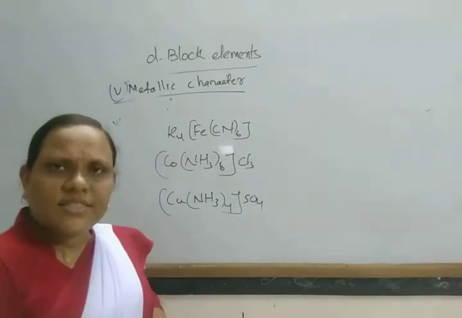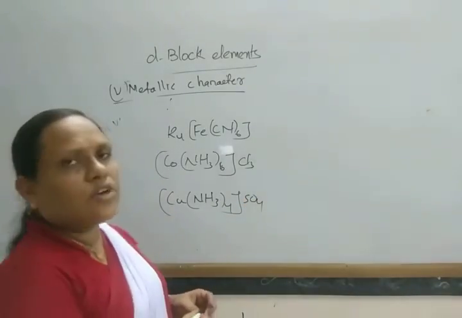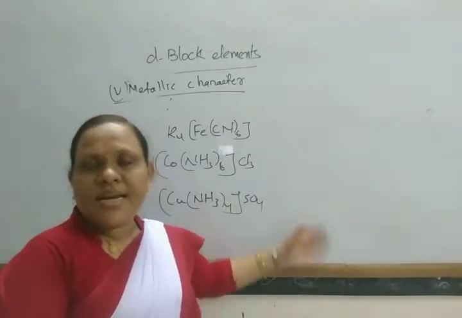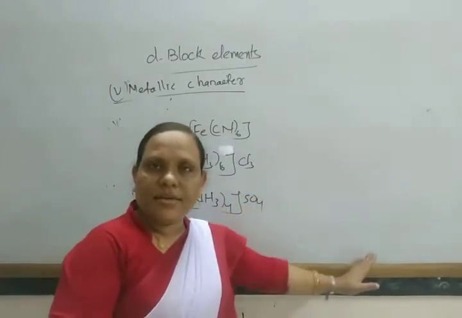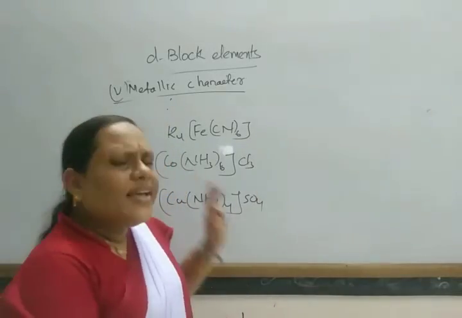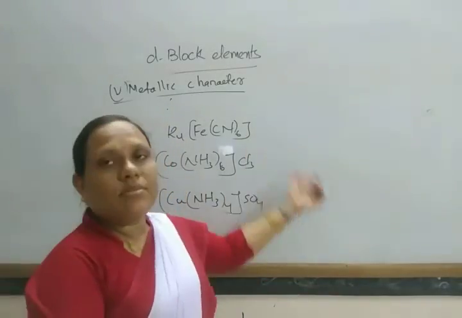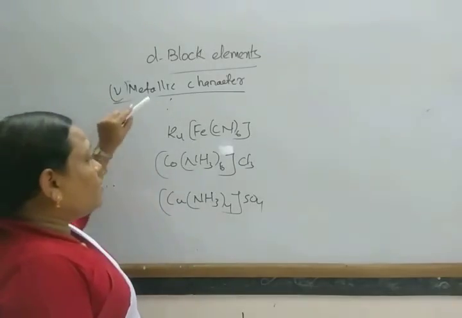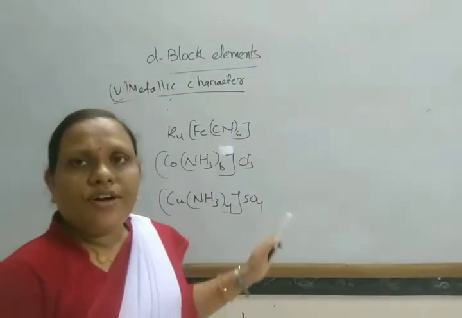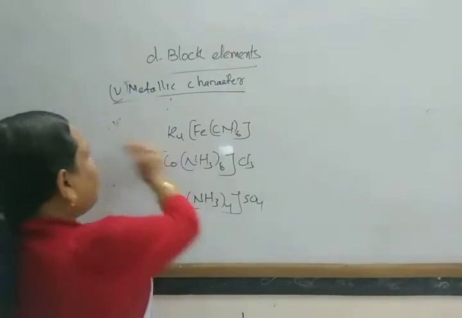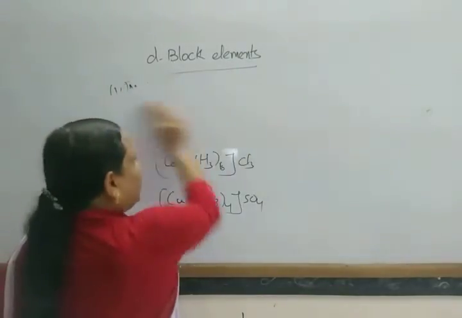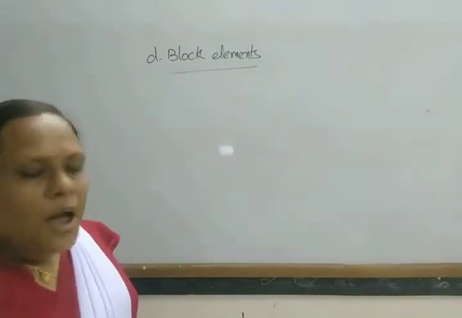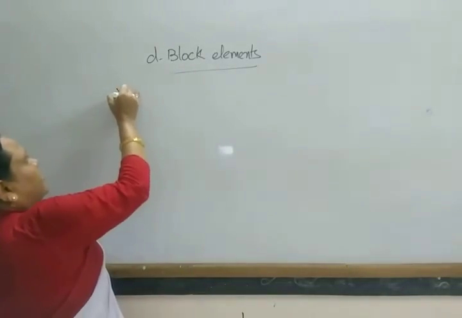So all transition elements generally form a large number of complexes. But zinc, cadmium, and mercury, as they have a complete d subshell, form fewer complexes. And here we have discussed that they show different oxidation states. Next we come to another property of transition elements, that is variable oxidation states.